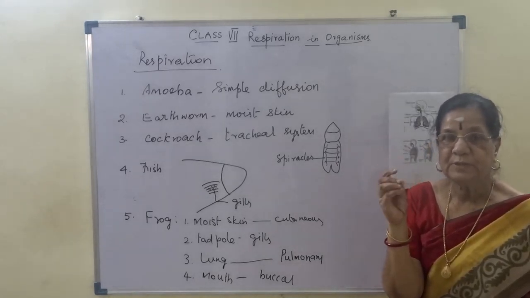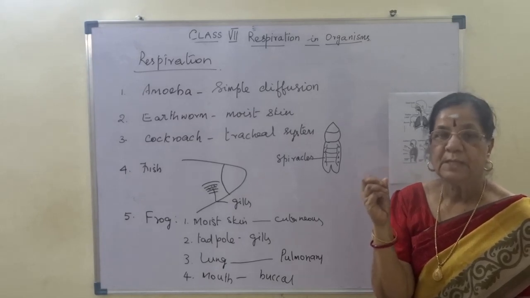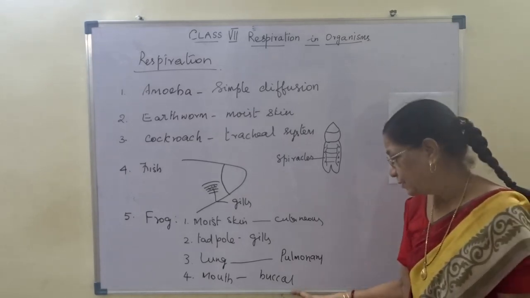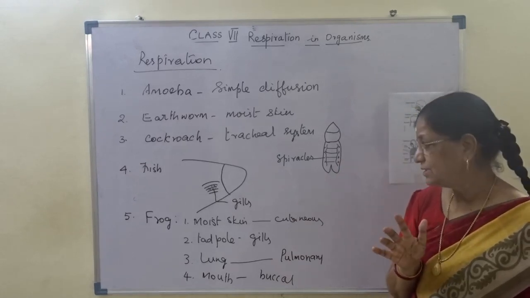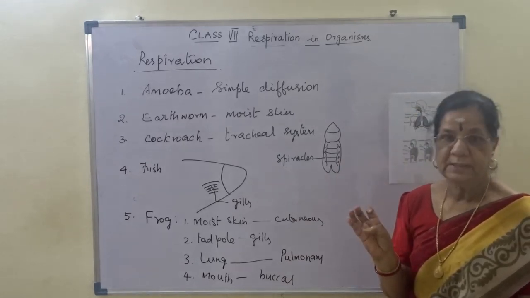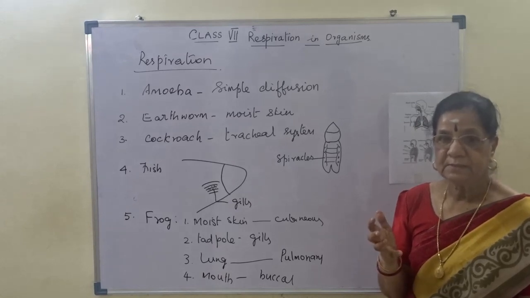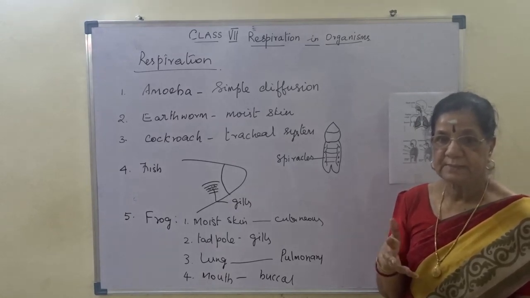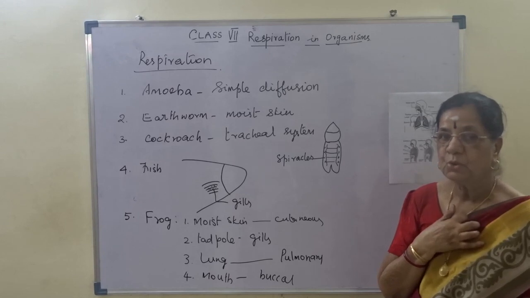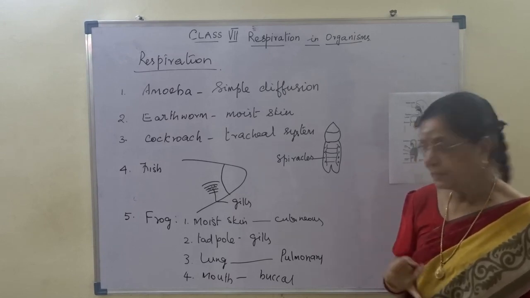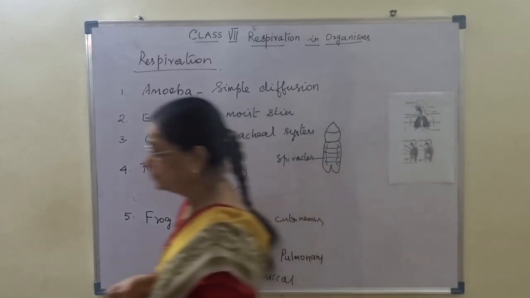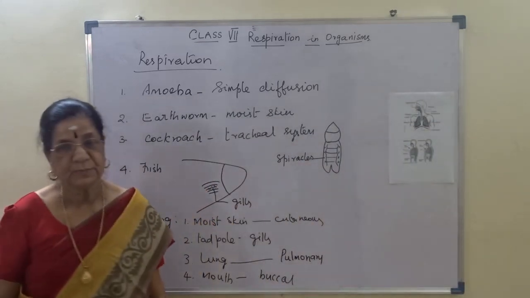That mouth is also capable of respiring, that is buccal respiration. So in frog we come across tadpole, gill respiration; adult terrestrial habitat, adult frog will respire through skin, cutaneous respiration, lung, pulmonary respiration, and mouth, buccal respiration.